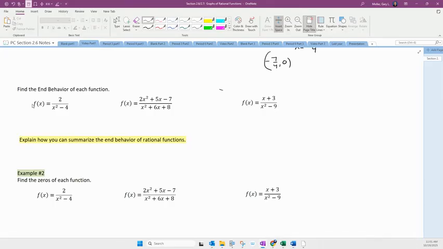On this one, let's call this A. What is the end behavior? As x gets very, very, very large, what happens overall? I get, generally speaking, a small number divided by a very large number. And this one is going to have, as x goes to positive infinity or negative infinity, y is going to go to 0.